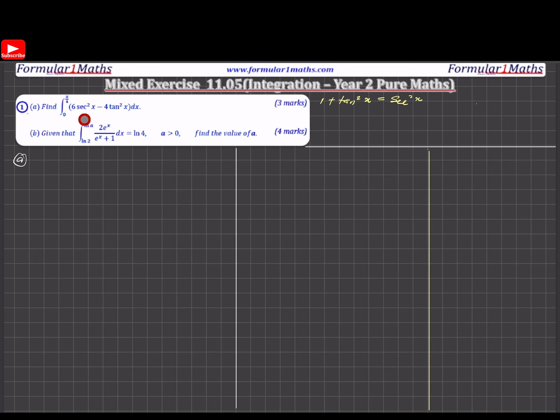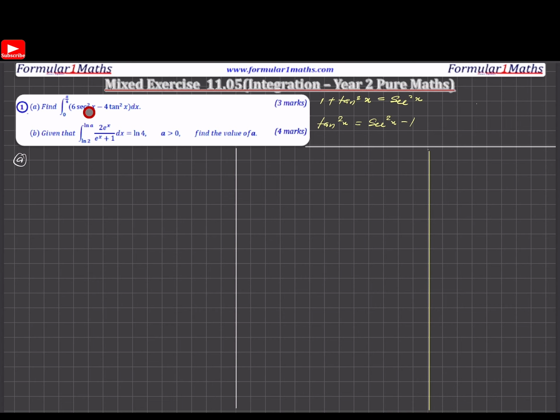If I rearrange this to make tan squared x the subject, I'm going to get tan squared x is equal to sec squared x minus 1. So I'm going to use this identity to simplify this first before proceeding to integrate.